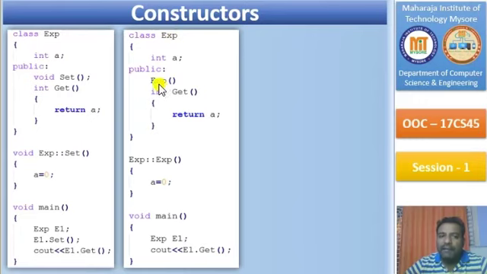And it doesn't have any return type. I've just made a mistake here: there was supposed to be a semicolon at the end of this function declaration. So make sure you note it down.